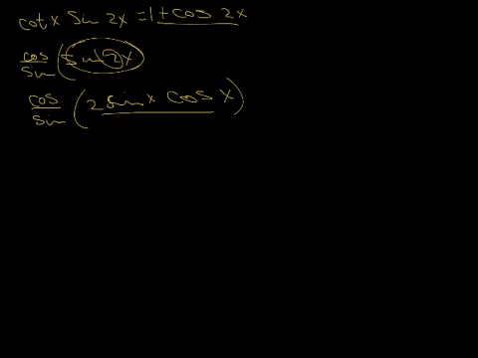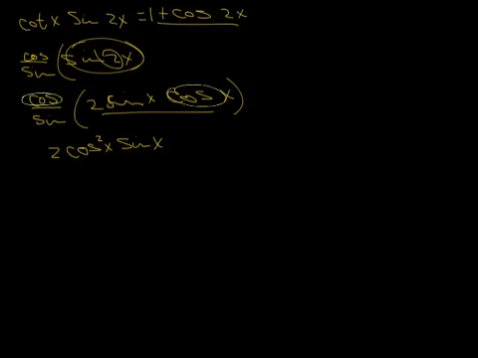So I get 2 cosine x sine of x, and then this is squared because this times this makes it squared, over sine of x, and I can cancel. And that leaves me with 2 cosine squared of x.